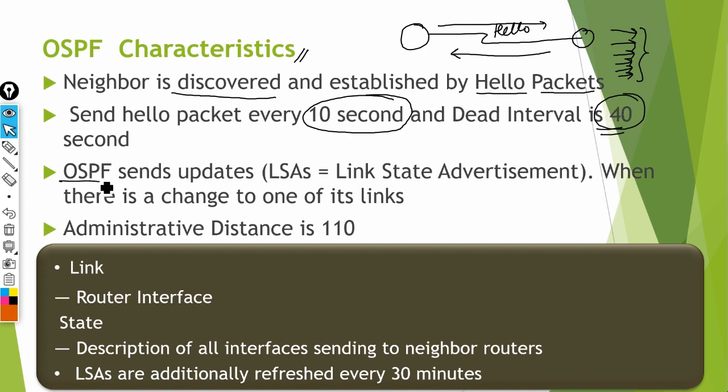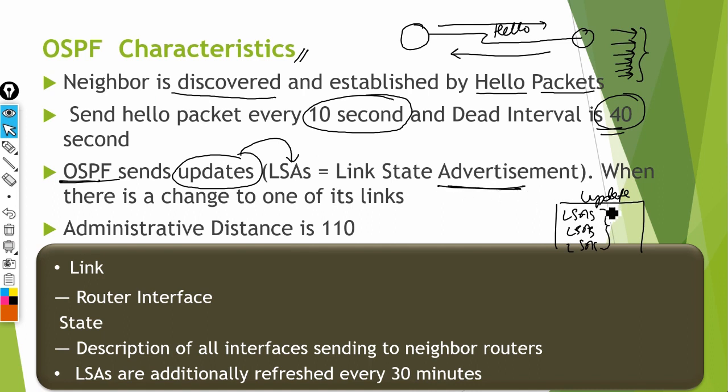Next, OSPF sends the update, and these updates contain the LSAs. This is your OSPF update packet, and it contains the LSAs. LSA is equal to link state advertisement, and it is basically the detailed information about the router's interfaces.